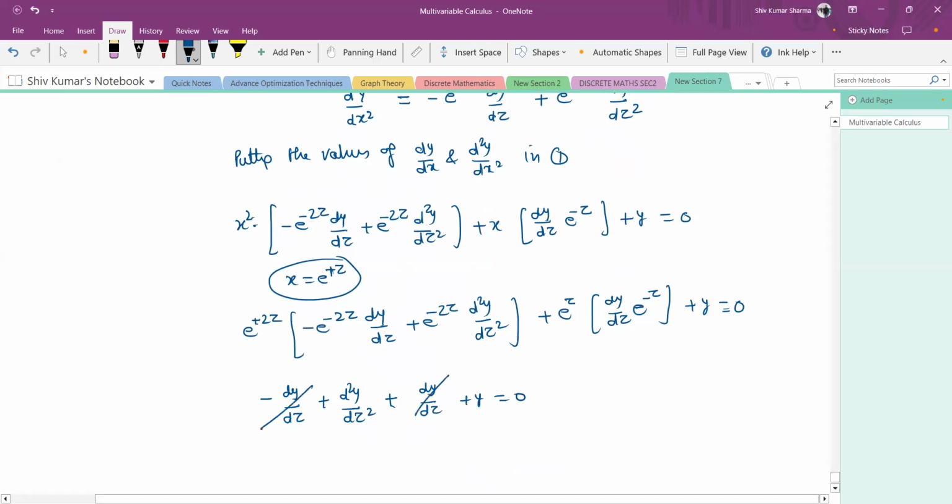Here the minus dy upon dz and plus dy upon dz cancel. So this gives us d2y over dz square plus y equal to 0. So this is the required equation. Okay, so we have proved. Thank you.